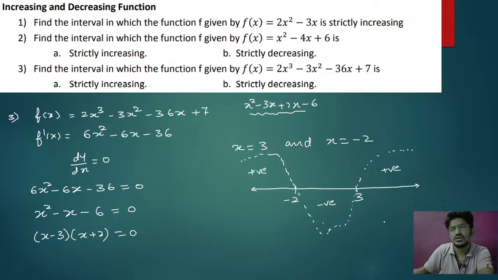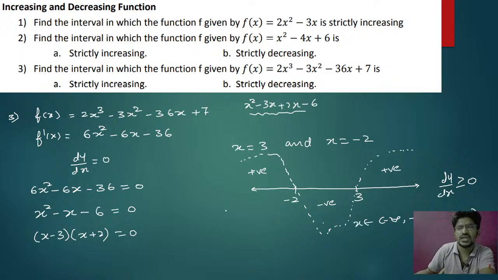That means minus infinity comma minus 2 union 3 to positive infinity. Here it is dy by dx greater than or equal to 0 in this interval, that x belongs to this term. And you can see that dy by dx is less than or equal to 0 if x belongs to minus 2 comma 3.